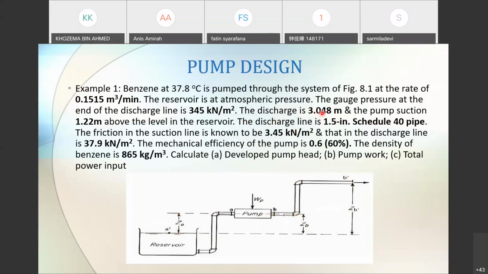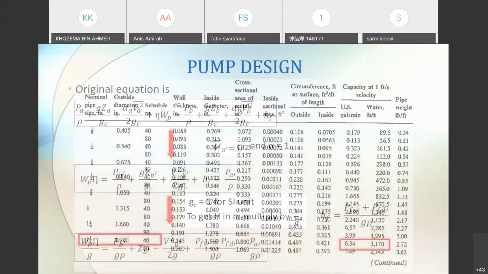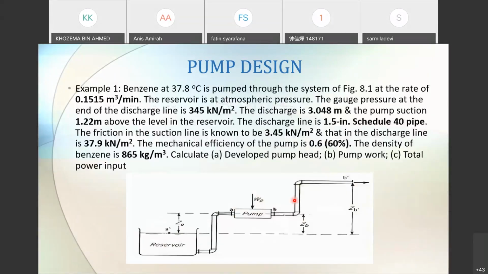The discharge is 3.048 above the level in the reservoir. So from this point to the highest level in the reservoir. So that's why here we can eliminate the value of ZA, because I'm already covering the value here in ZB. If you don't want to do it like this, you are always more than welcome to find the value of this one first.